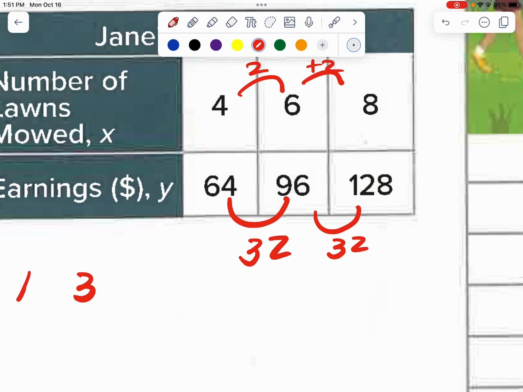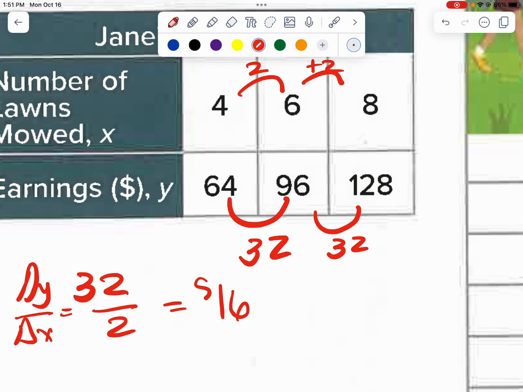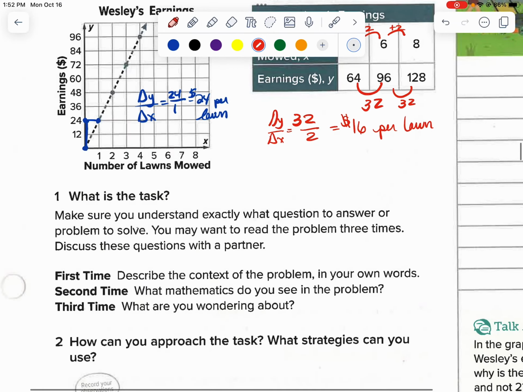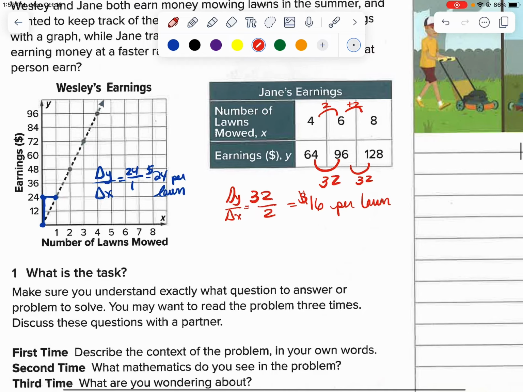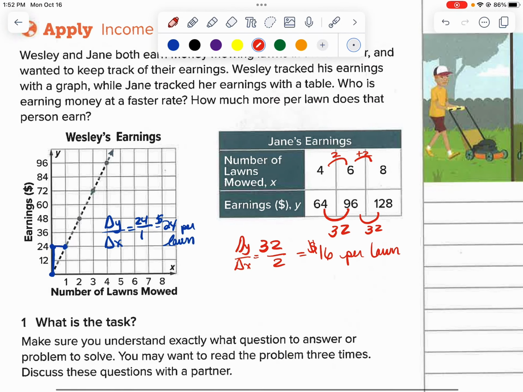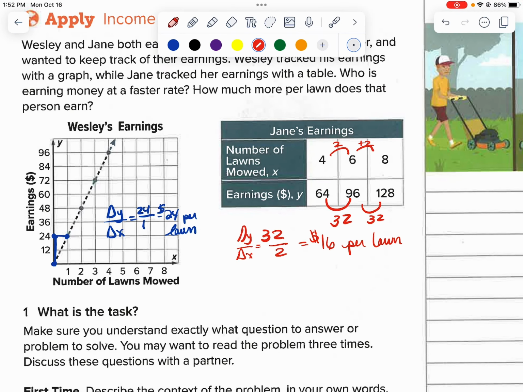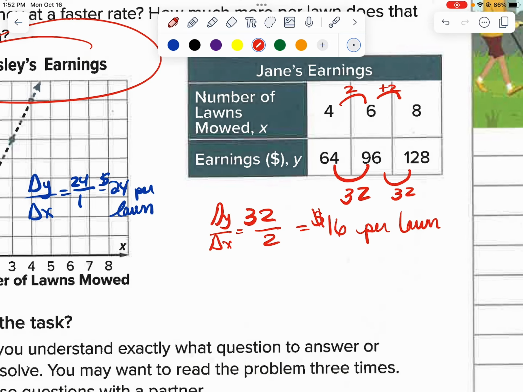So the change in y over the change in x, 32 over 2. So that is $16 per lawn. Okay. Who makes more money per lawn? Wesley does. Okay.